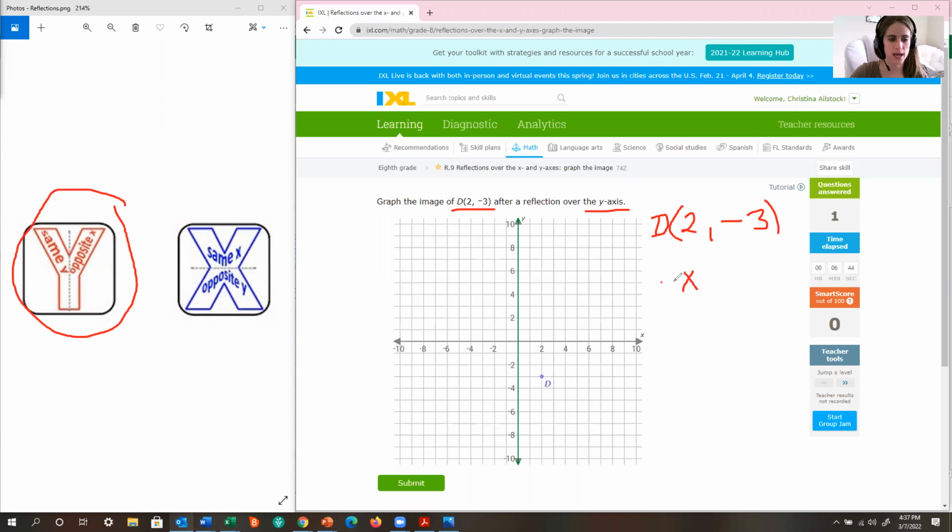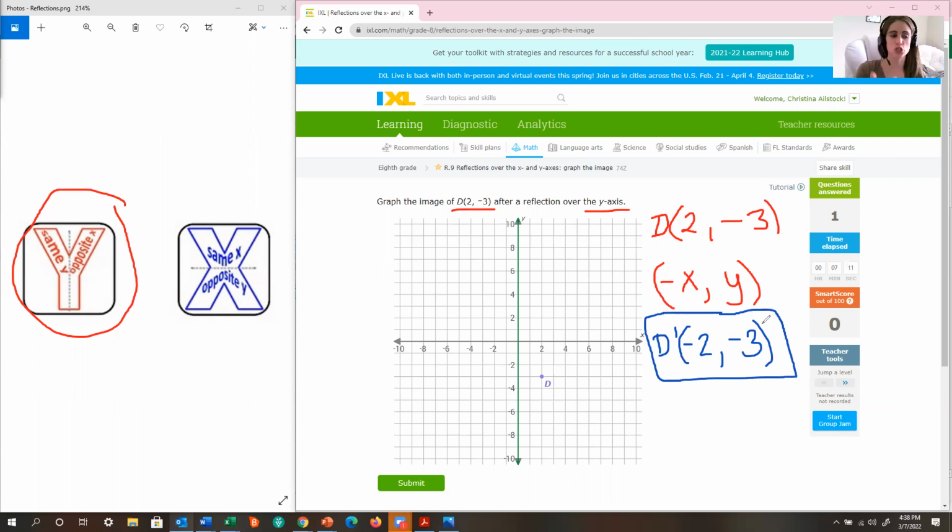Our x has the opposite sign, but our y value stays the same because it's being reflected across the y. When we apply that rule, 2 times -1, or the opposite of a +2, would give us a -2, and then your y value stays the same, which means it stays at -3. That right there would be your answer.